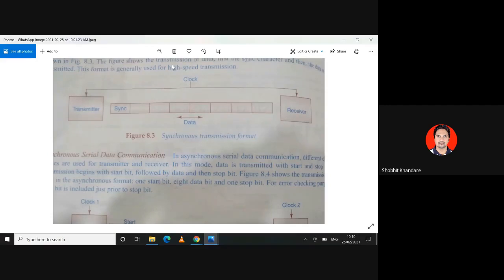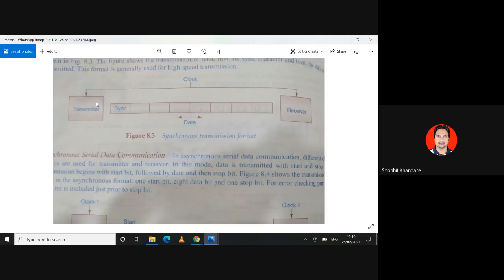But why do we want synchronization between the transmitter and the receiver? It might happen that the transmitting speed and the receiving speed may differ. So how do you achieve the synchronization? The same clock is given to both the transmitter and the receiver.